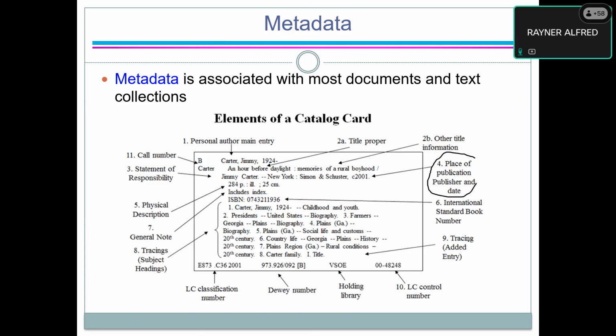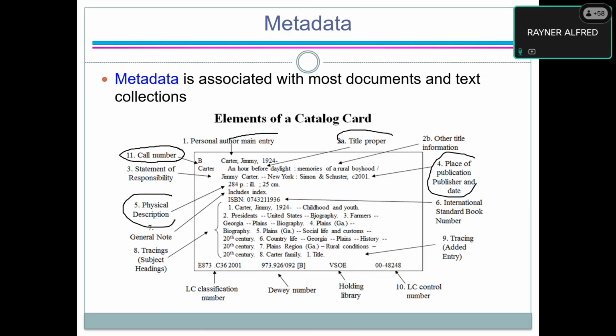We have the call number. So we normally use the call number to look at, starting from what alphabet, and then where is the location, who is the author, what is the title, and so on.